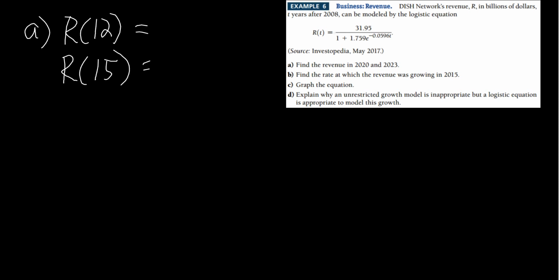So all we have to do is find R of 12 and R of 15. R of 12, oh gosh, I really don't know if I put that in my calculator, but it is what it is. And R of 15. Here we go. One moment, it's going to take me a hot second here.